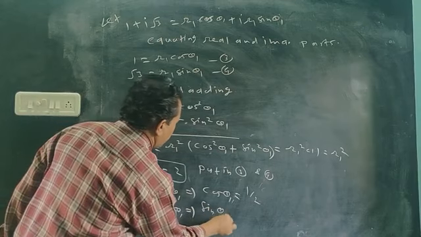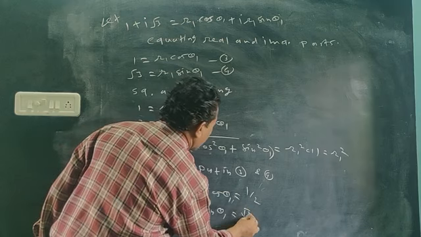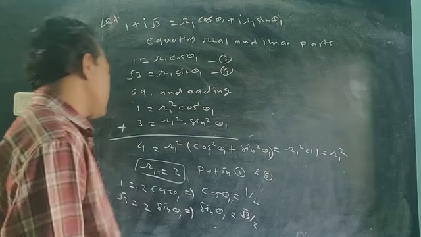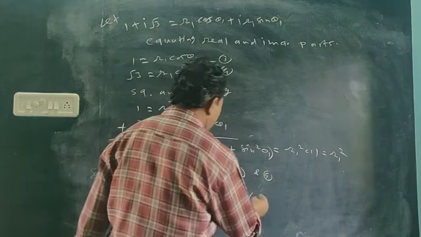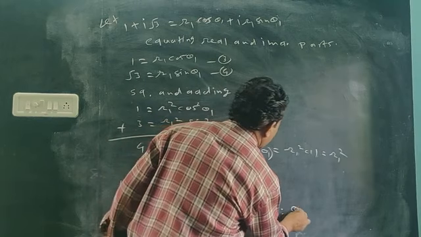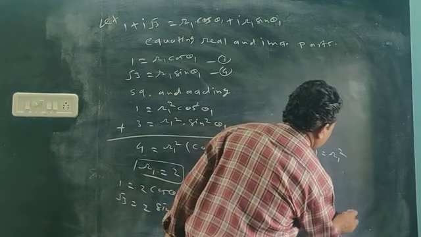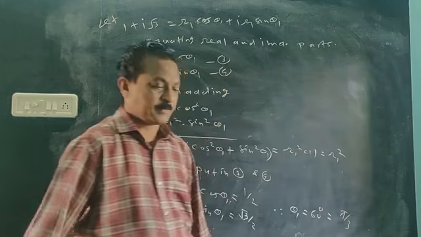So sin theta 1 will be root 3 by 2. So when sin is root 3 by 2, the angle is 60, and cos will be half at 60. So theta 1 will be 60 degree. 60 means pi upon 3.